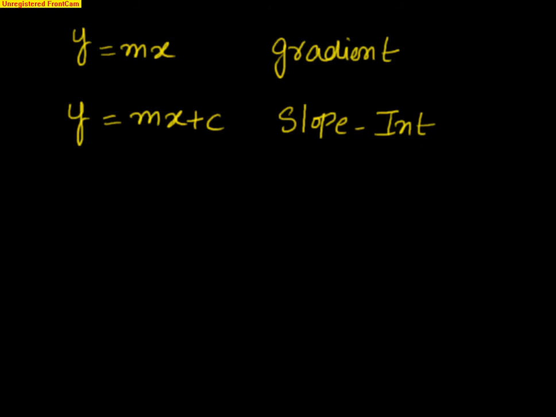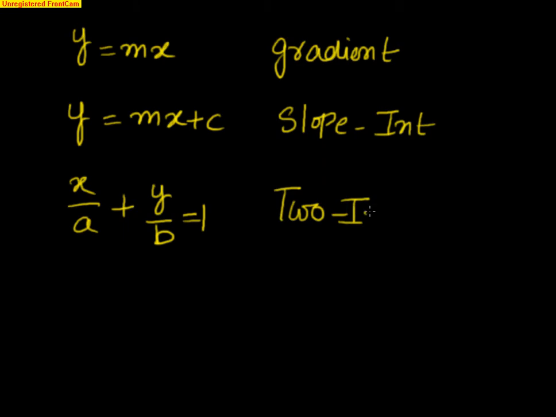So let's move ahead. What else have we seen? We have seen x by a plus y by b equal to 1. This form is known as two-intercept form, where a comma b are the intercepts made by the straight line on the x and y axes respectively.